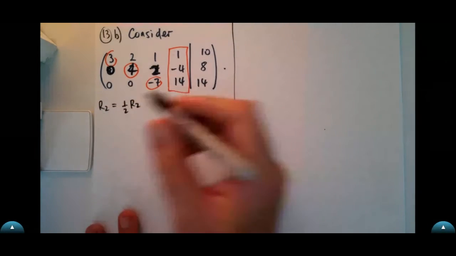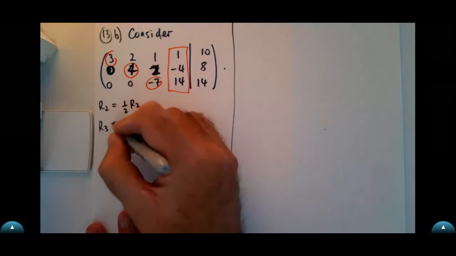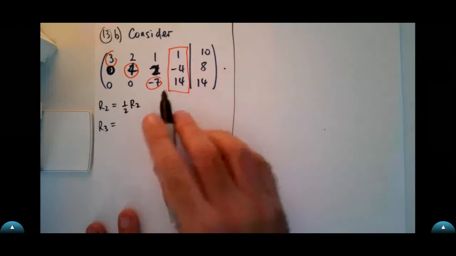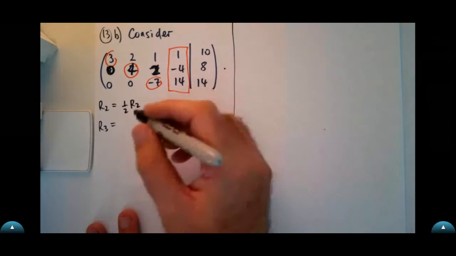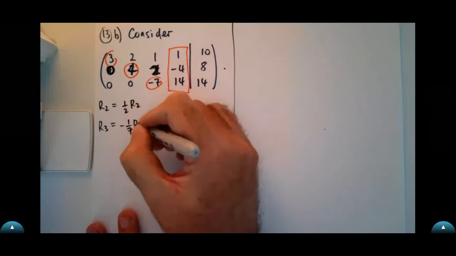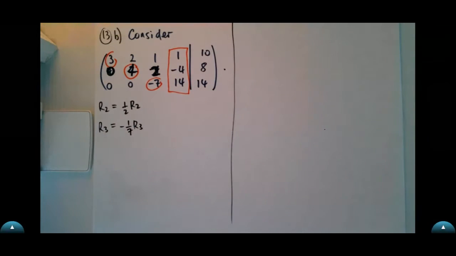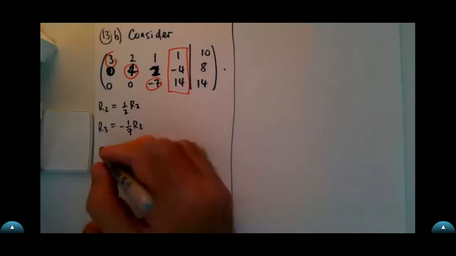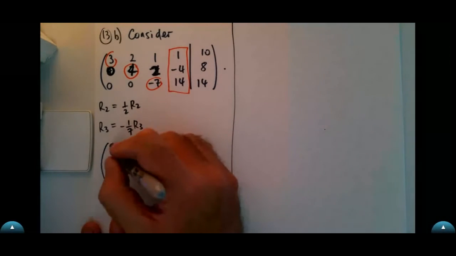And then row 3 is going to become, you can take out the -7 from each term there. And now it's not necessary, but it can help with the calculations. Make it nice and simple.